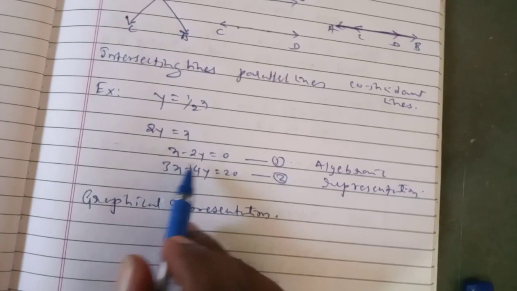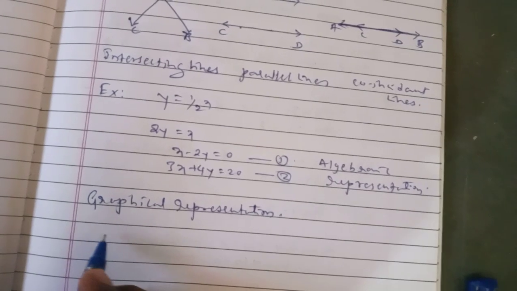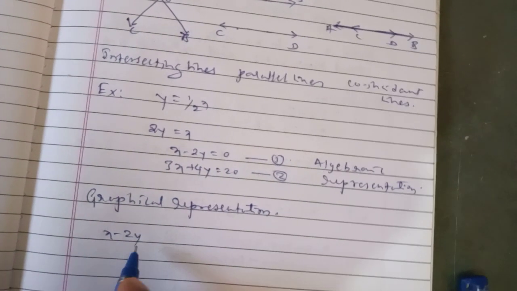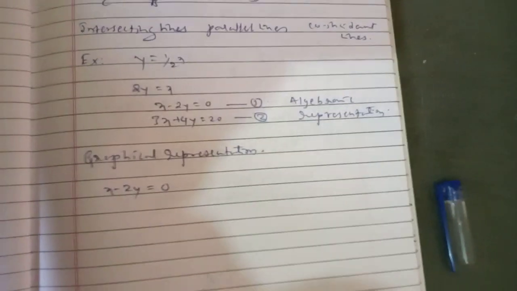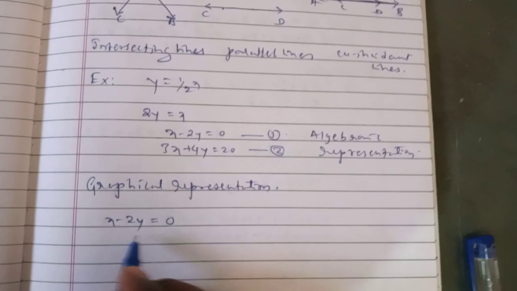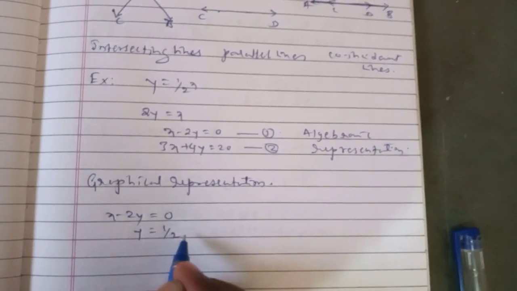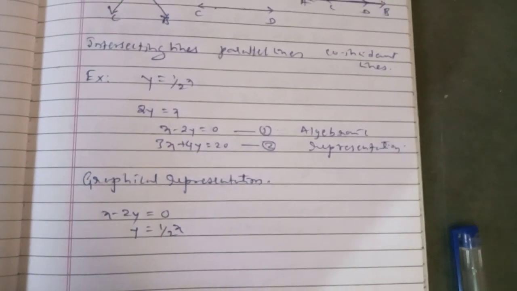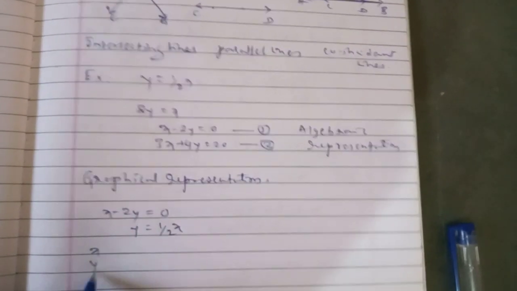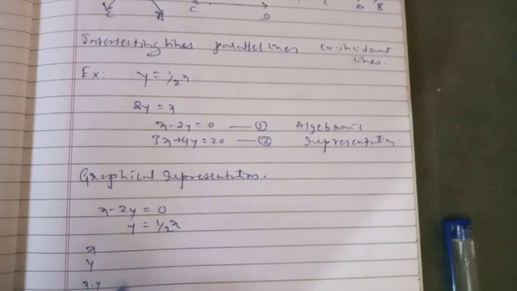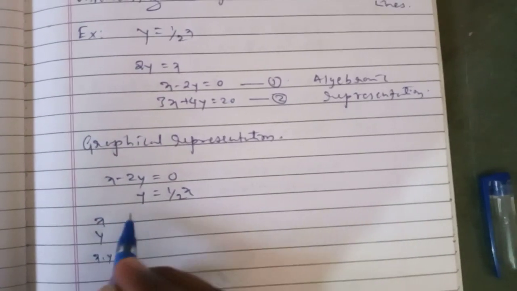First I will take equation number 1, x minus 2y equals 0, right? And then you take y equals 1 divided by 2 into x. You have to prepare one tabular column here: x, y, x comma y.